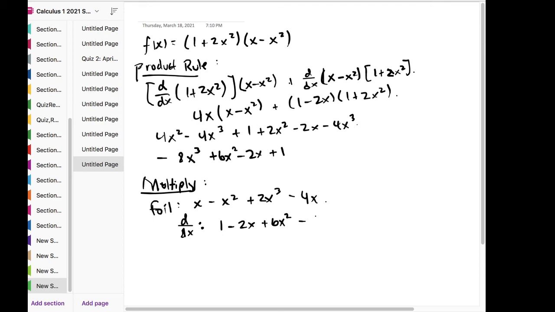No, I wrote this wrong. So 2 and 8x cubed. And these are the same. So that's all it was asking you to do. So first do the product rule, treating it as a product, and then multiply and take the derivative by FOILing.